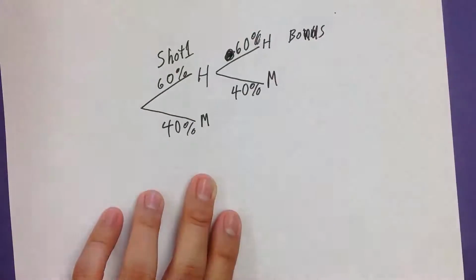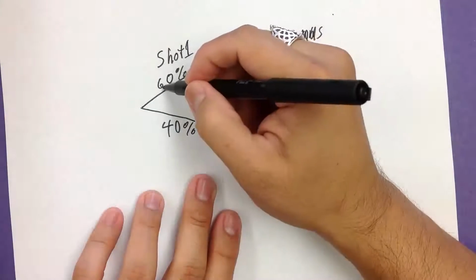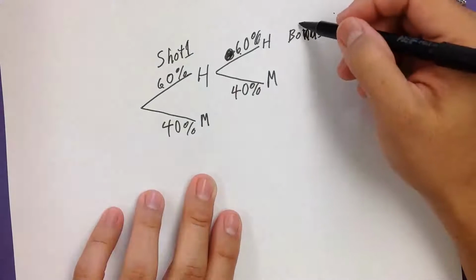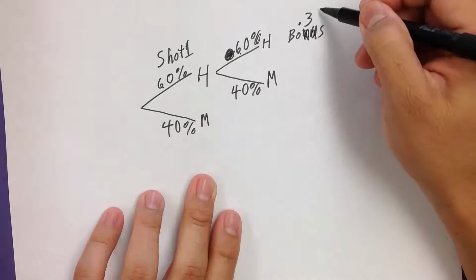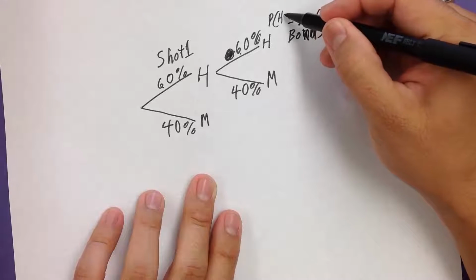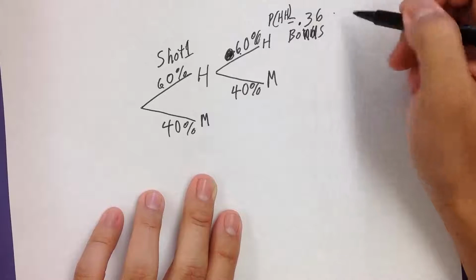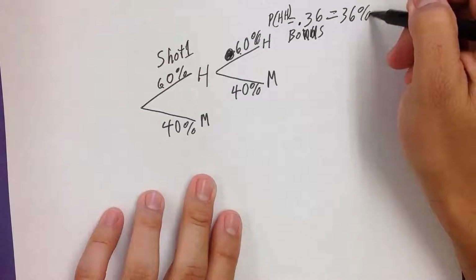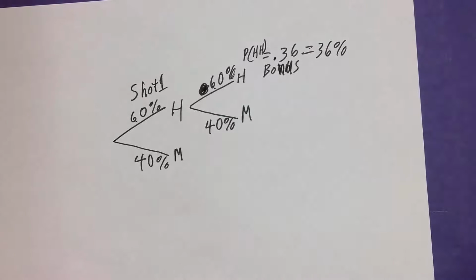Alright, so what are the end probabilities? So you just take 0.6 times 0.6. This is going to give me 0.36. She has a probability of getting 2 hits, 36% chance. So she has a chance of getting this at 36%.